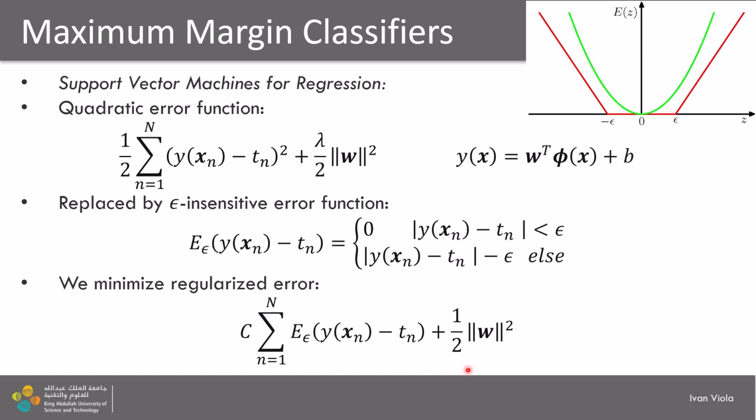This is together with our error term, and we again have this parameter C associated with the error term, which is why the regularization is the reciprocal of C. If we had it associated there, it would be 1 divided by C.